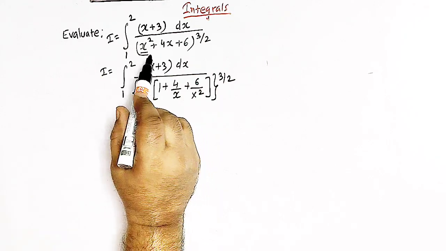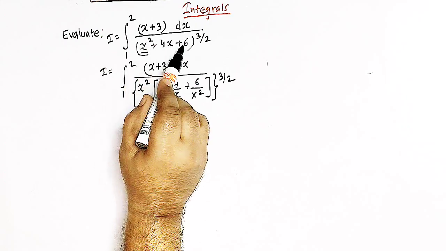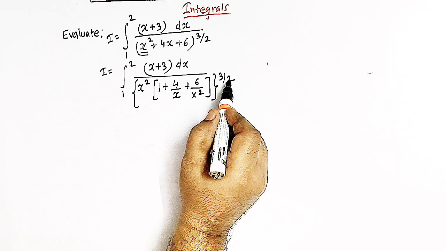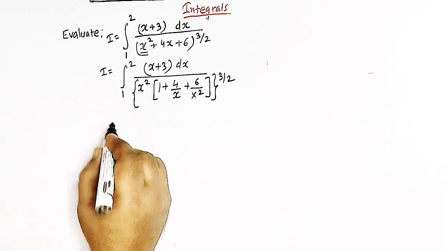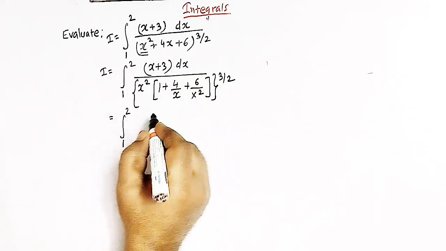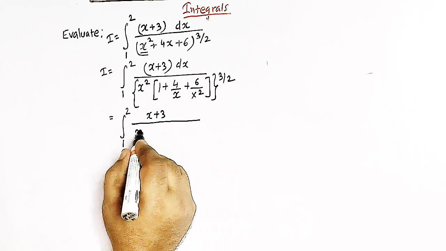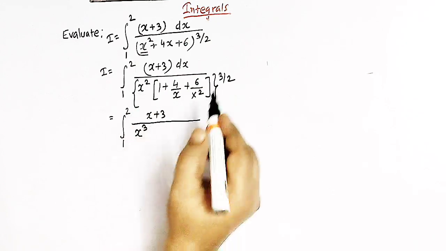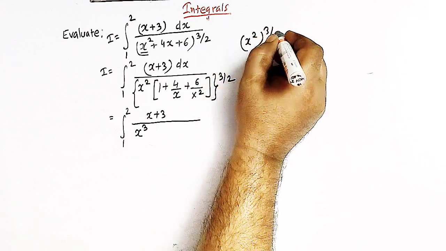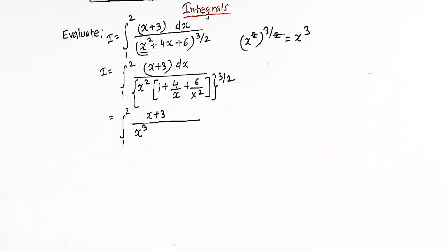So the purpose of taking x square common in the denominator is that this 2 and this 2 get cancelled here, and we can write this integrand as (x plus 3) over, here we have simply x cube, because x square raised to 3 over 2, 2 and 2 get cancelled and we have x cube, right?